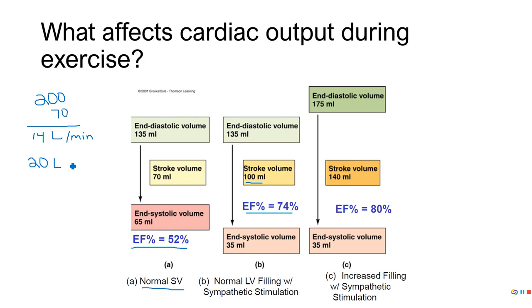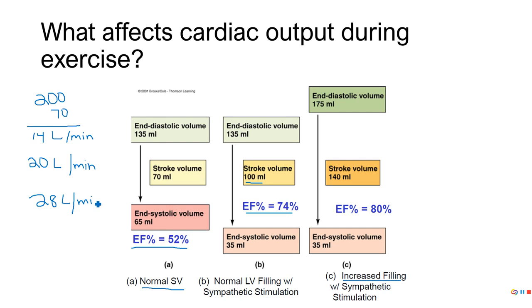That gives us 20 liters a minute, which is a really, really high amount, okay? These aren't typical values, but I'm trying to make a point here. But now, if we have increased filling and the sympathetic stimulation, if we take our max heart rate of 200 and multiply that by 140, that gets us up to 28 liters a minute, which would be an insane amount of blood, or insanely high cardiac output.